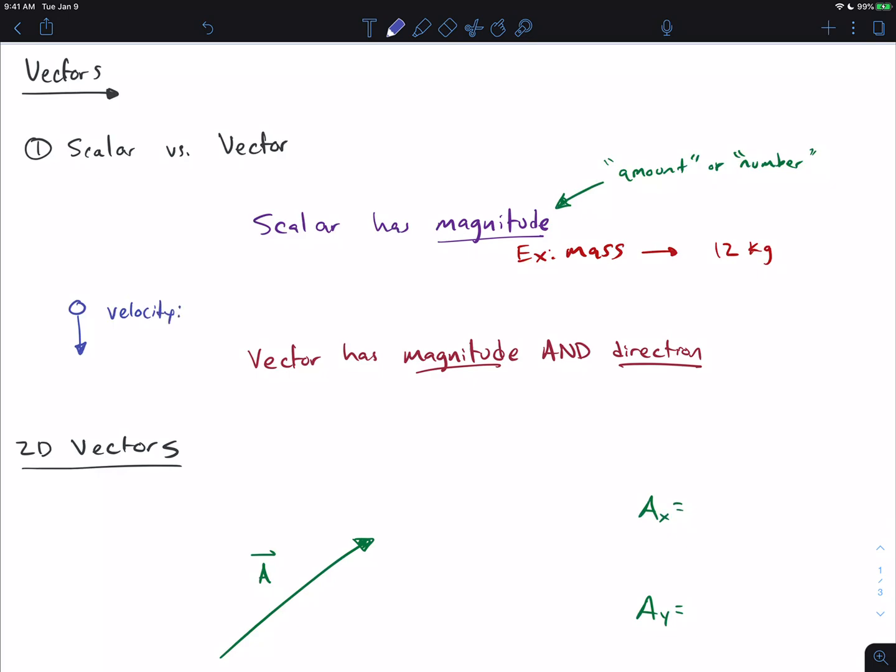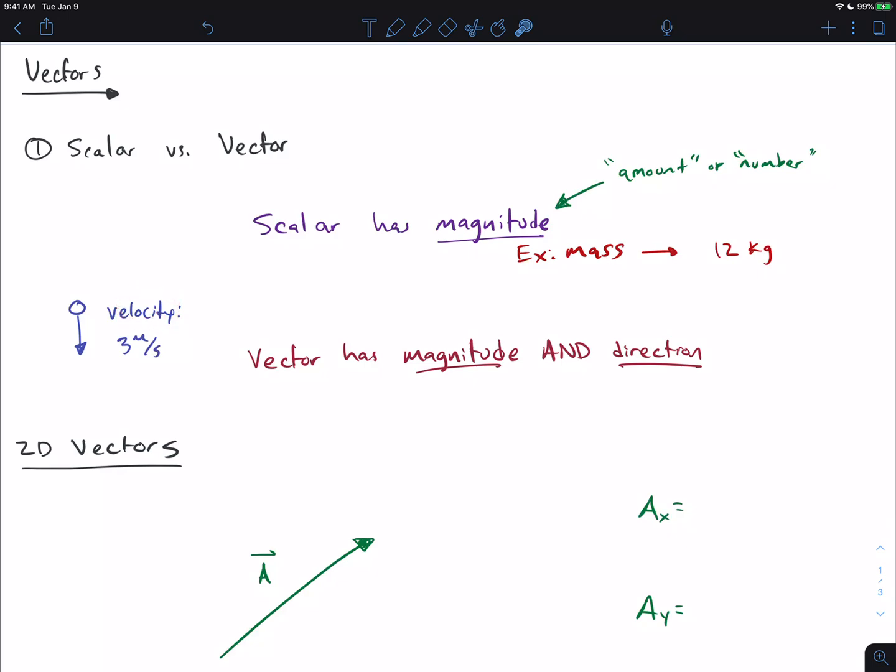Speed is just a scalar value. If I ask how fast this ball is moving, that's just speed. I can say the speed right here is 3 meters per second, right? So this is an example of a scalar value. This is just speed, but this is not velocity.